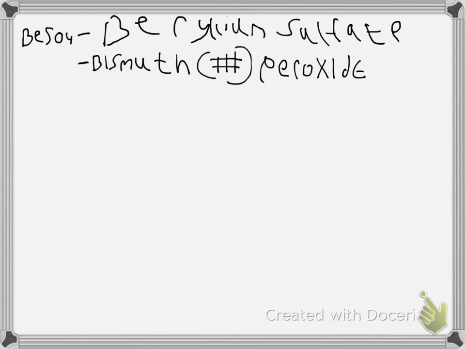So here with bismuth 3 peroxide, to write the formula, we once again put in our bismuth, and that would be Bi, and we know that its charge is 3, and then we have peroxide.